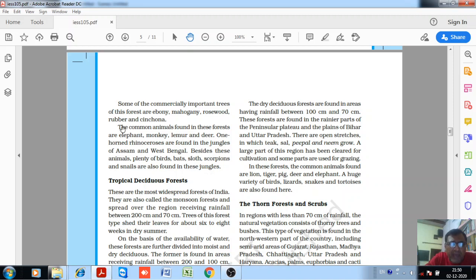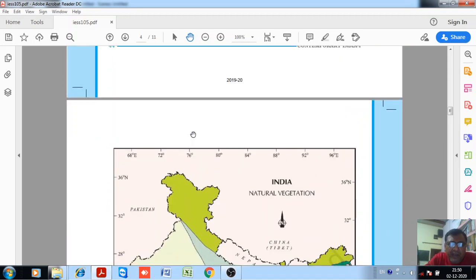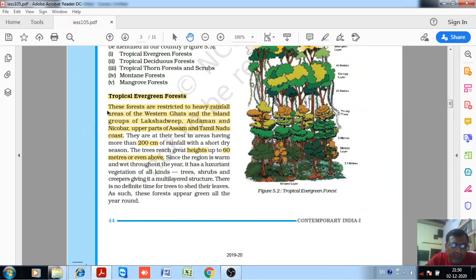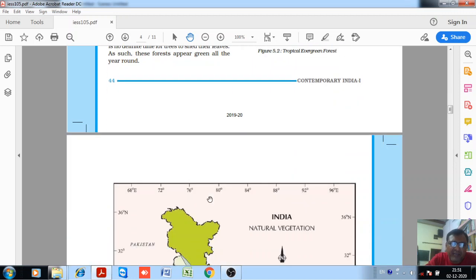So this para is devoted to the animal life, and this is for the varieties of the trees, and the above paragraph was regarding the major characteristics of the tropical evergreen forests.